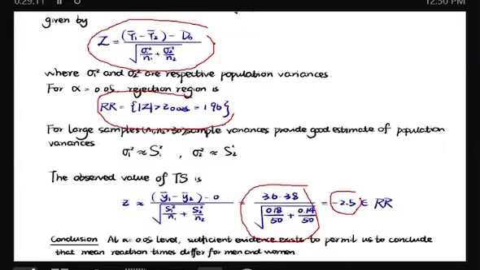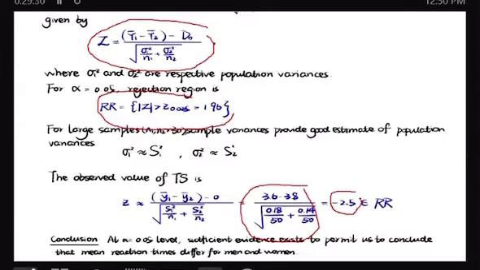Now, using rejection region, I'm working with alpha to be 0.05. I'm actually going to consider Z alpha over 2 because the alternative is a two-tail.